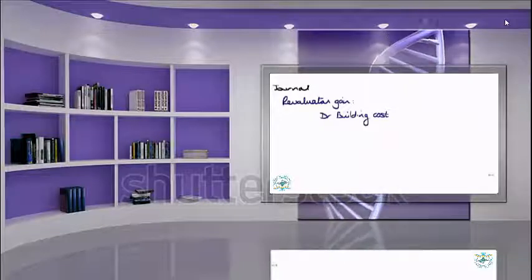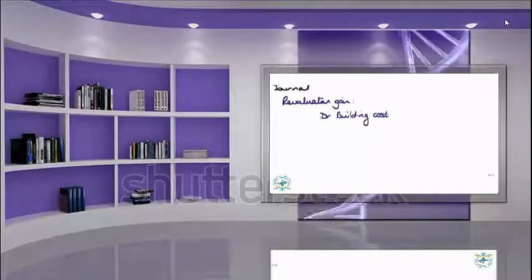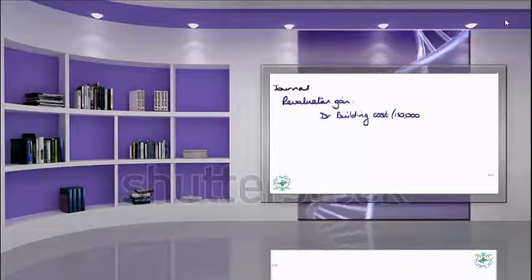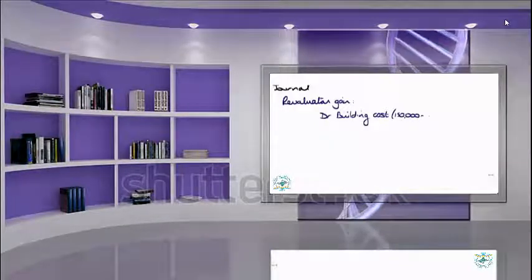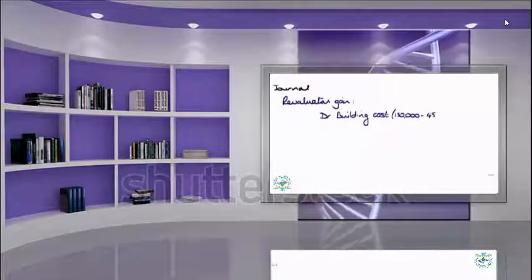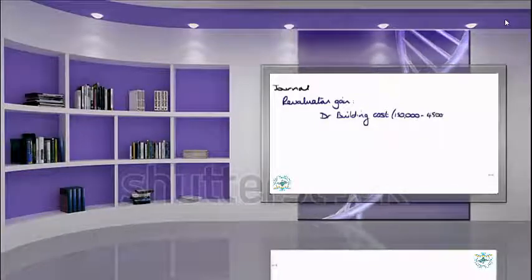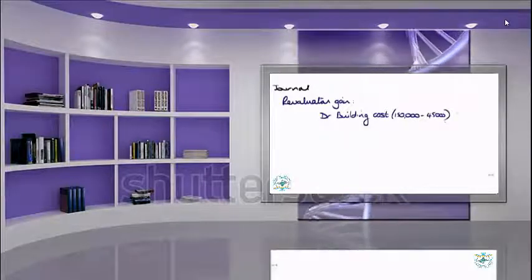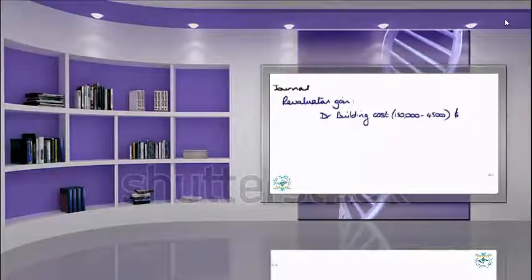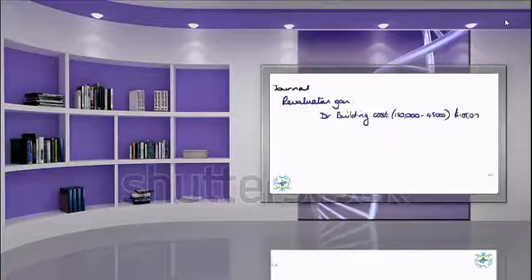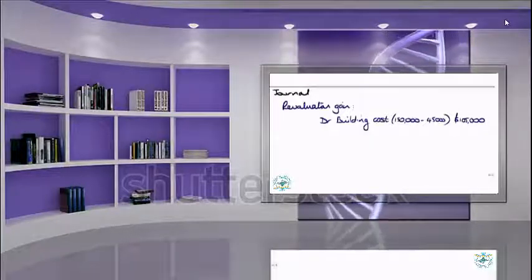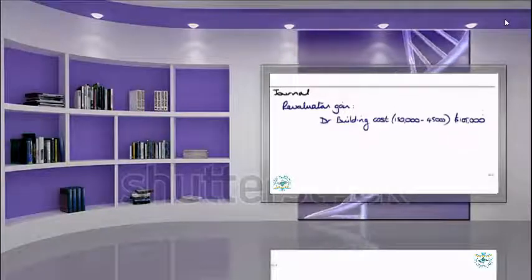And that was $150,000. So if I compare what I want it to be, $150,000, and what is already sat there as a debit balance, $45,000, what I'm going to have to do is increase the building's cost account up by $105,000. And that would be my debit entry.